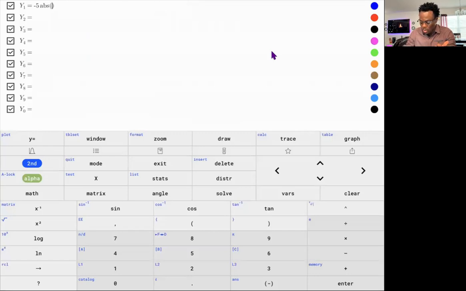And now I need X. On your graphing calculator, you have two options to get X. You can push the alpha button, and then the letter in green would appear if you push any button that corresponds to the letters in green. Or you can use the button that has X, T, theta, n. This button gives you X if you push it. If you want to go quicker with X, just push the button that has all the letters with the comma sign.